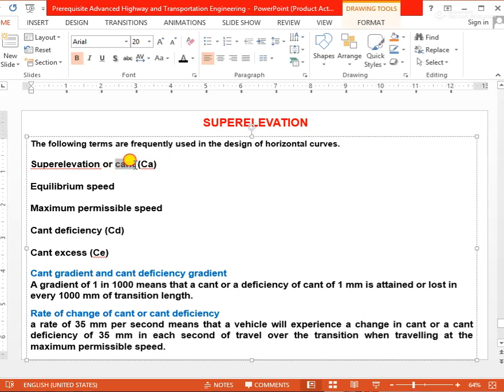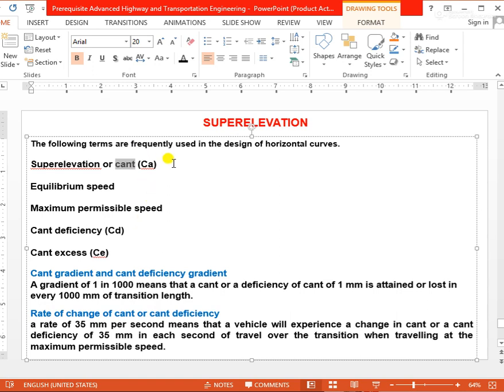The cant name was already introduced in highway engineering also. Instead of super elevation we can say cant. Cant is very popular somewhere instead of super elevation, so you may get questions in your exams like what is cant, what is the cant value, or numerical questions where the word cant is used instead of super elevation.